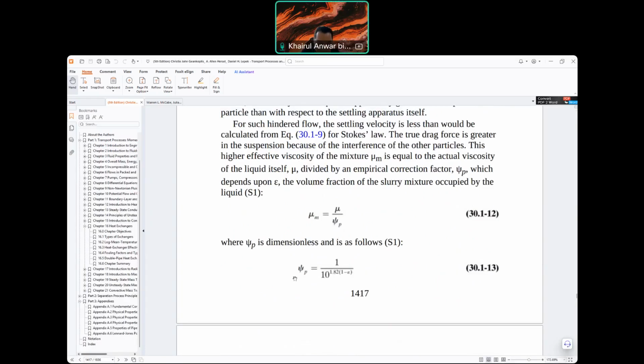The correction factor is epsilon squared multiplied with this symbol, which is 1/10 to the power of 1 minus epsilon. So the epsilon, or we call it the volume fraction of the liquid, can be calculated.